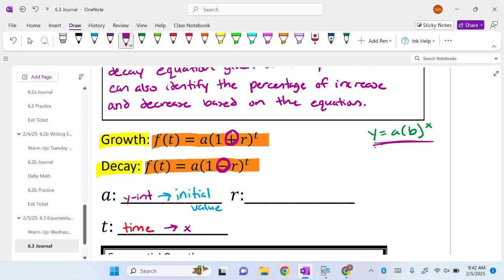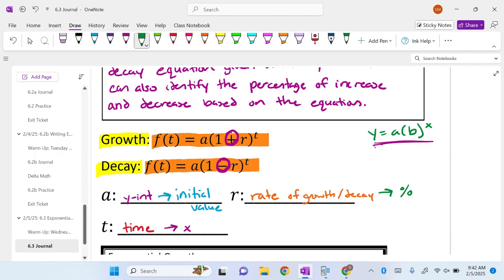Now, the last one, r, means the rate. r in this case will mean your rate of growth or decay. In the word problems themselves, this value will be given to you as a percent.